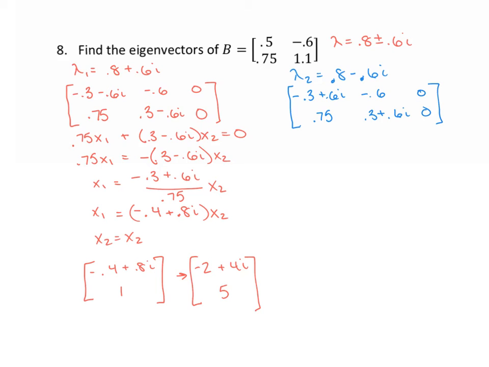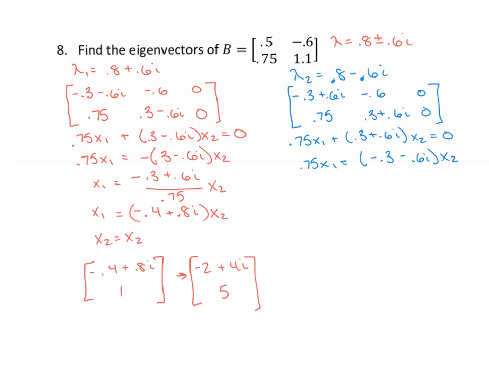If I take that second line, 0.75 x1 plus 0.3 plus 0.6i x2 equals 0. 0.75 x1 is negative 0.3 minus 0.6i times x2.